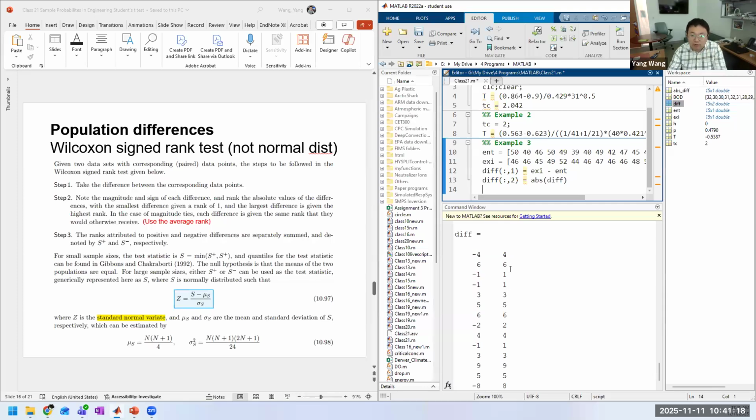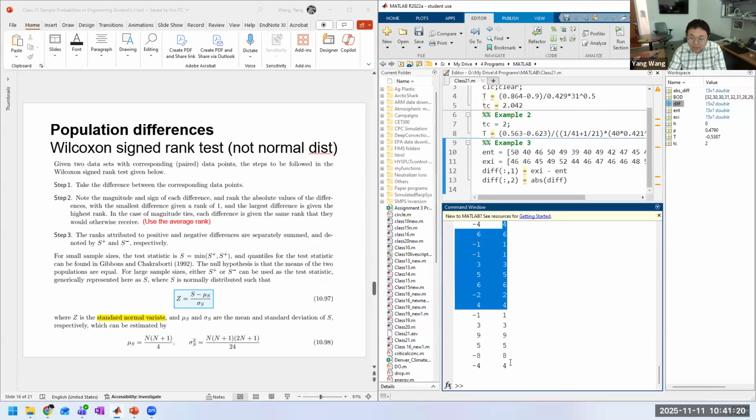Then we need to rank all of these differences based on the magnitude from the smallest to the largest. For example, this is taking the value of 1, so we put 1 here: 1 for the first one, 1 for the second one, and 1 for the third one.